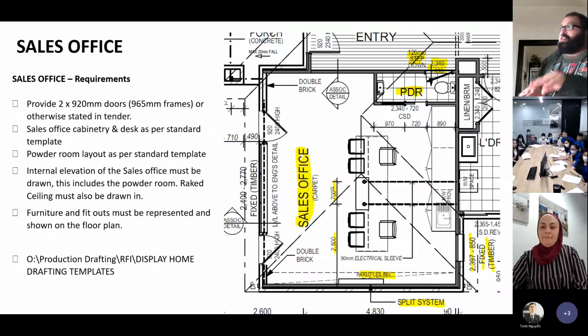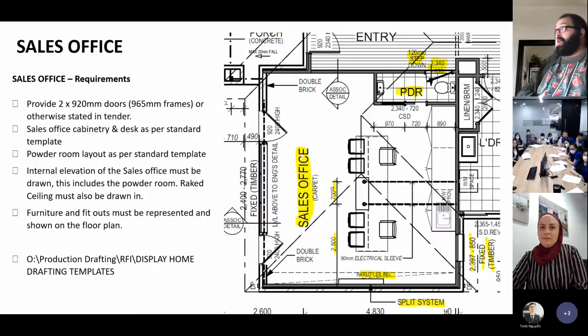And clients, in order to enter the last house, have to enter through the sales office. That's why we have 2 doors on the sales office. They'll enter through the right door and exit through the left door to enter the other 2 display houses. So don't worry about trying to understand which one is the sales office. If you look at the sales plans, it'll clearly indicate which one will have the sales office. Once you see that note, you'll go to the reference material that Armani mentioned, and you can copy and paste this, and it'll fall right in place.